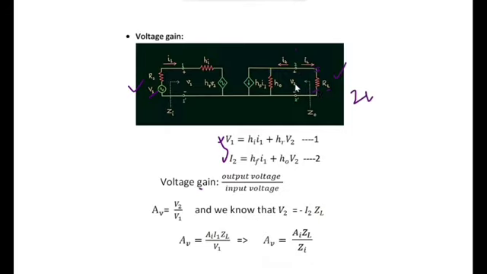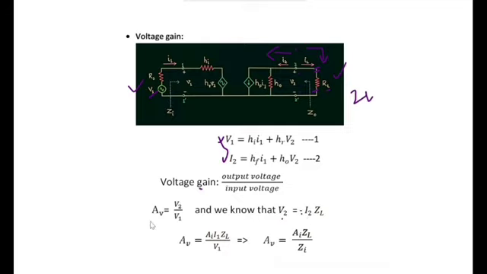We are taking minus because IL direction is generally in this direction, but I2 is flowing in the opposite direction, so we have taken the sign of I2 as minus, and RL is ZL. So the voltage drop across RL is V2 equals minus I2 into ZL.